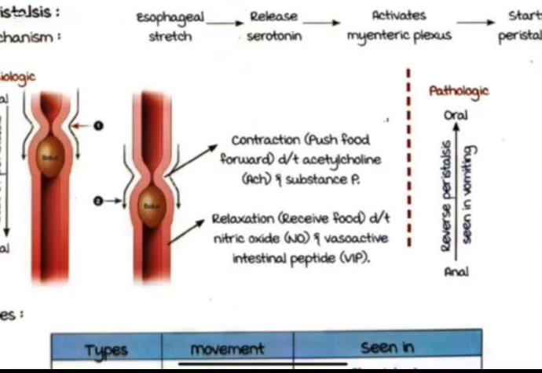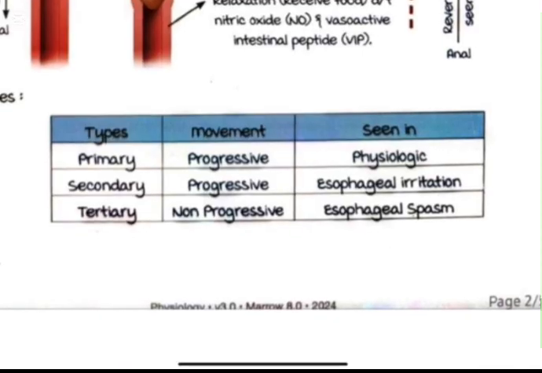Contraction pushes food forward due to acetylcholine and substance P. Relaxation receives food due to nitric oxide and vasoactive intestinal peptide. Pathological is reverse peristalsis, that is from anal to oral end, which is seen in vomiting.